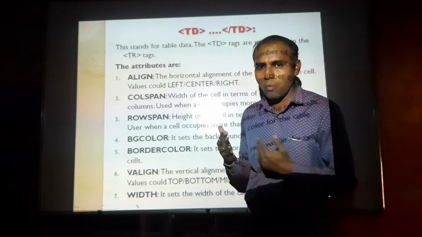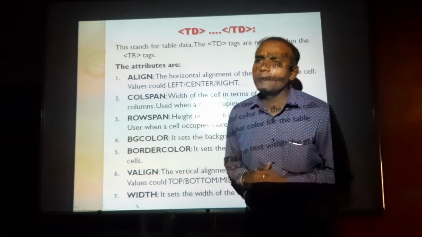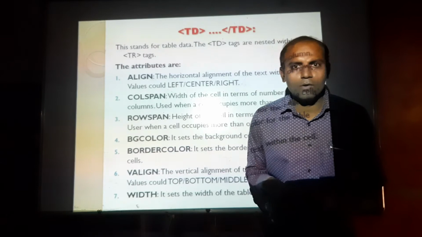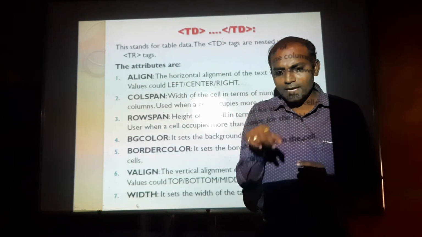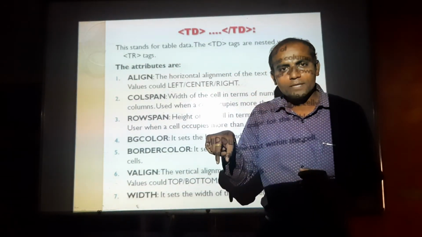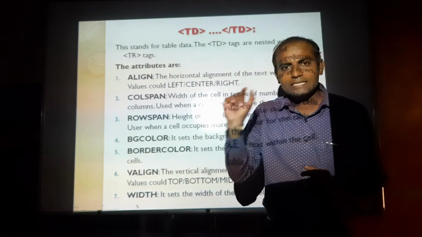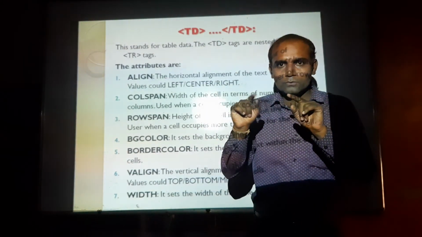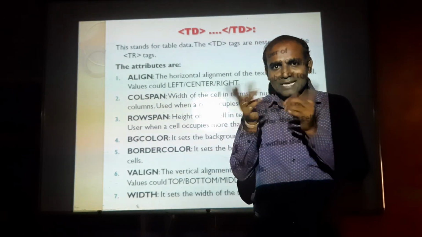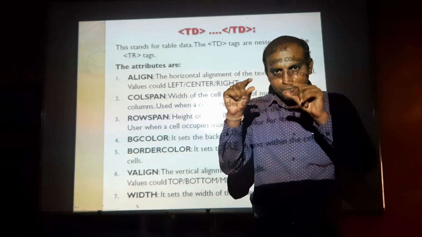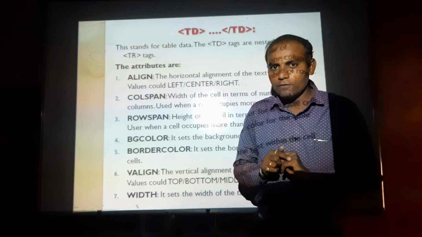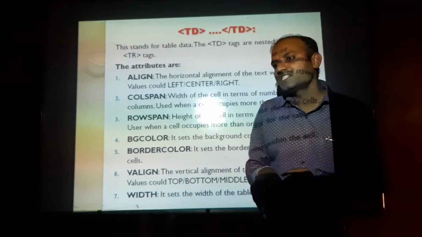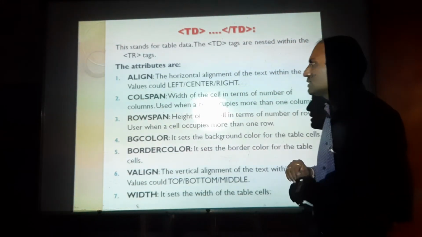For example, amount. Just below the amount we have two columns, rupees and paisa. Above that we write amount, so we need to merge the two cells and make it one cell, and write amount. In such situations we can use col span.